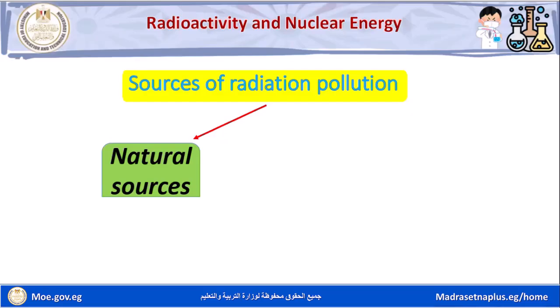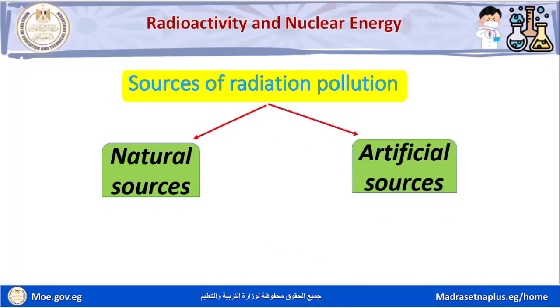Number one, natural sources. Number two, artificial sources. There are two types or sources of radiation pollution: natural sources and artificial sources.